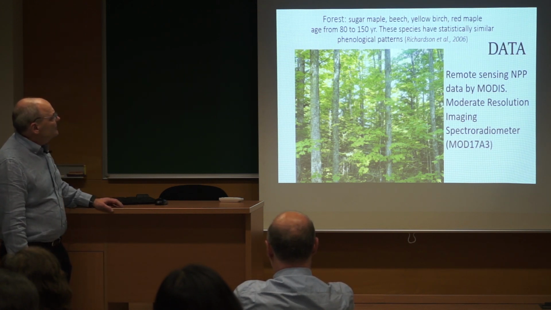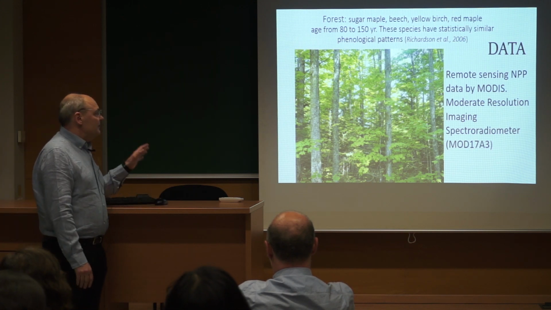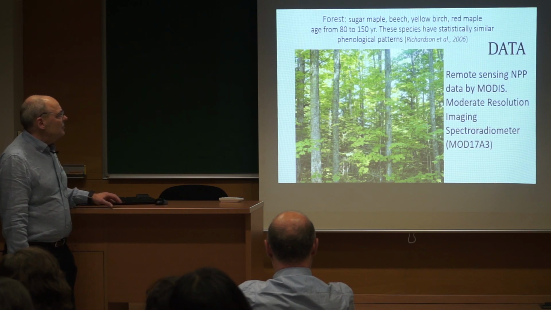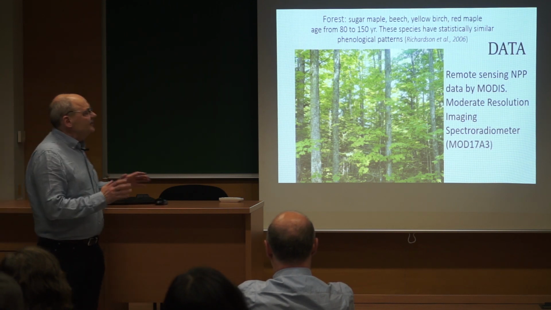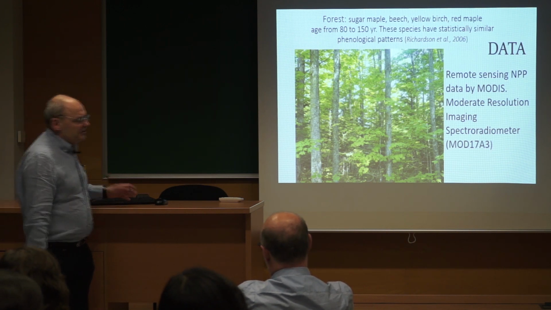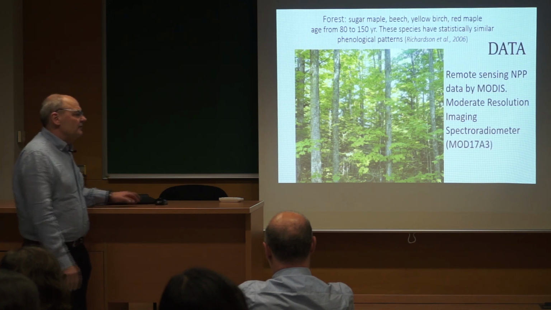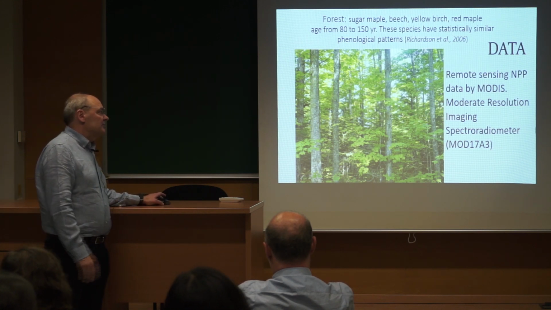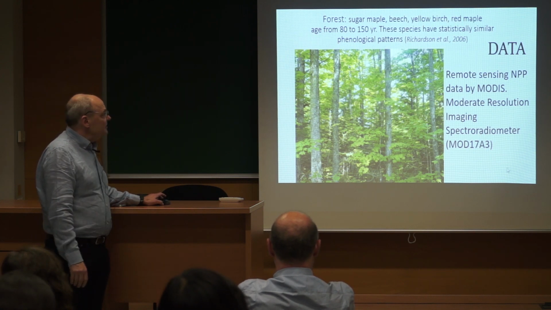It's mature forest, 80 to 150 years old. The combination of these species, as was shown by Richardson and colleagues, has statistically similar phenologic phases. Although there is species variability, according to ground observations their phenology is very similar, and statistically you cannot distinguish among these different species.